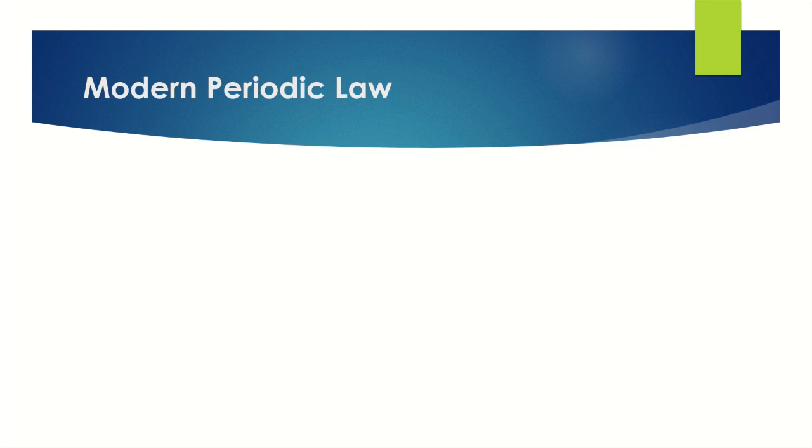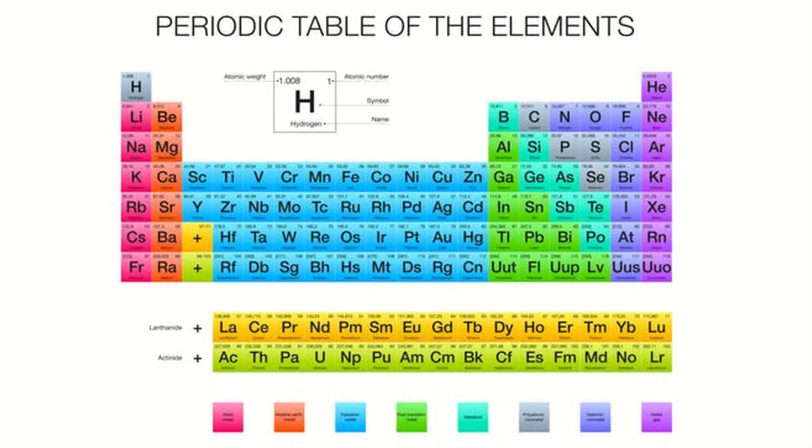So modern periodic law. Before we jump into this periodic law, let me take you through the periodic table. This is the periodic table. Here all the elements are arranged in the increasing order of their atomic number.